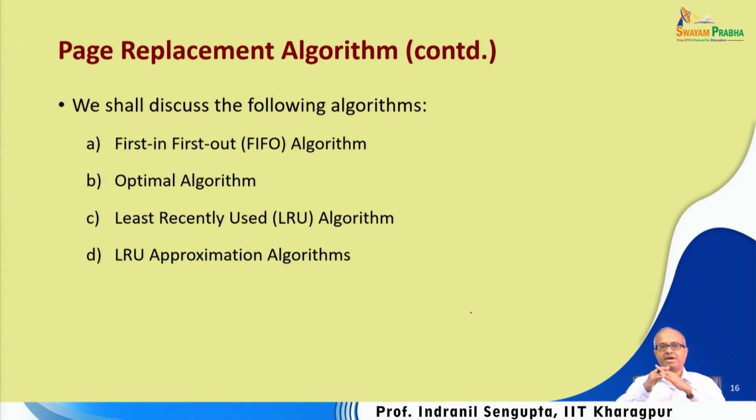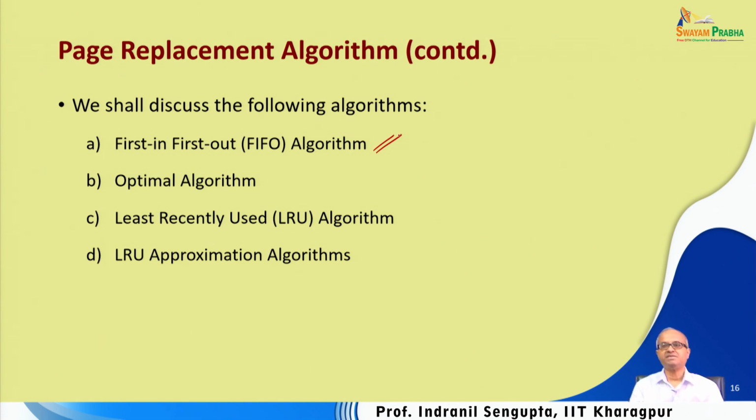Now, we shall be looking at a number of different page replacement algorithms. So, let me talk about them very briefly today. In the next lecture, we shall be going into some detail on this. First one is a very simple algorithm, first in, first out. It does not take any special care about preserving locality of reference.